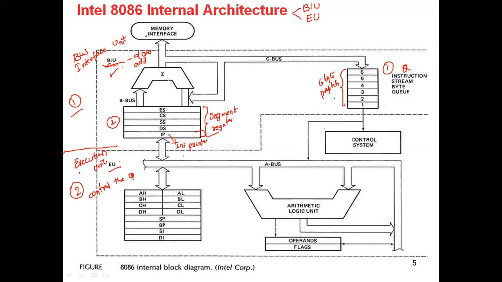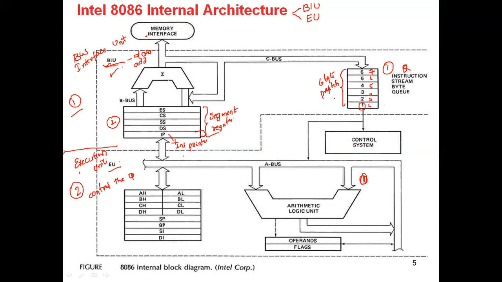Suppose the execution unit is executing one instruction; the bus interface unit will parallelly fetch another instruction. Suppose this is the first instruction, which we have given to the arithmetic and logical unit. While the first instruction is executing, the prefetch queue fetches another instruction and stores it in the 6 byte prefetch queue.